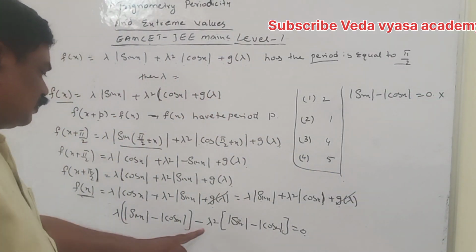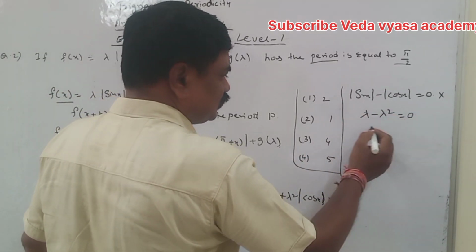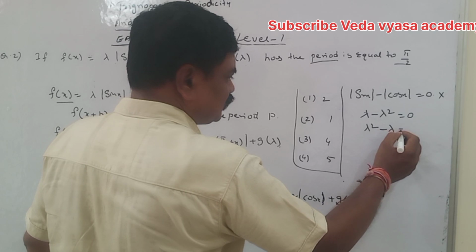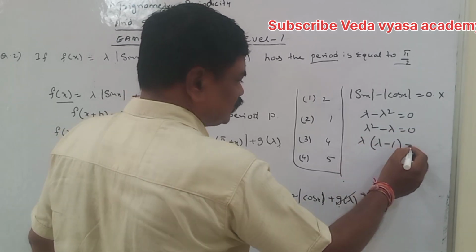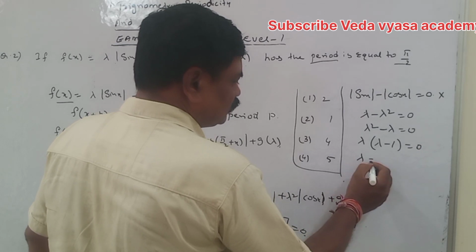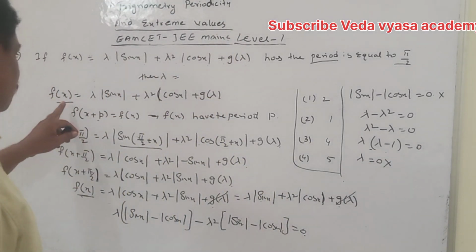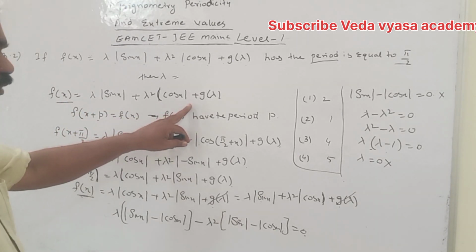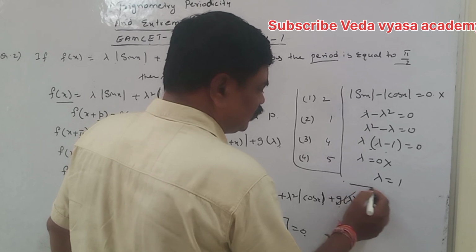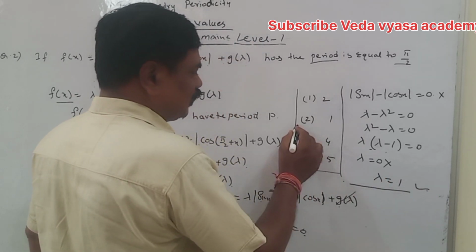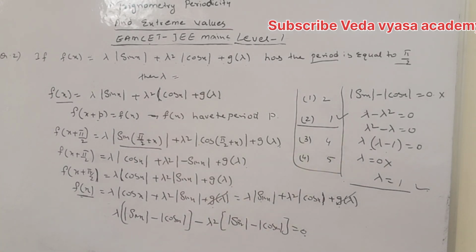And one more, λ - λ² = 0, so λ² - λ = 0, λ(λ - 1) = 0. λ = 0 is not valid. Why? Because then f(x) is 0. So only λ = 1 is the valid value. So we have option 2 as the answer. Okay, all of you.